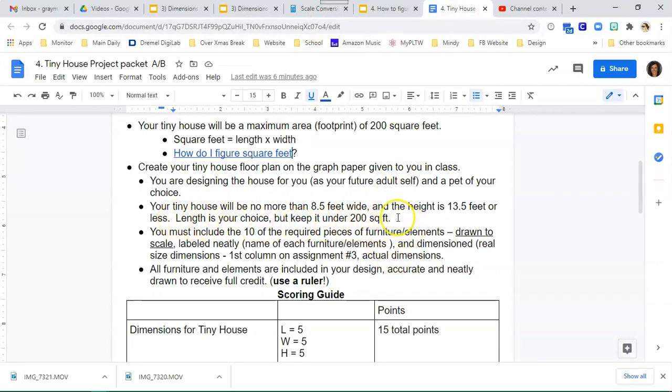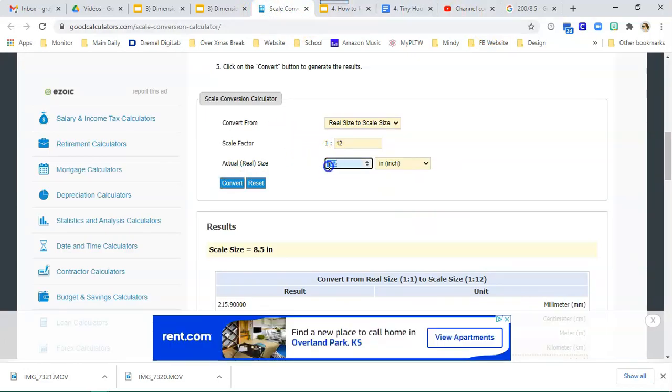I'm going to use my math problem that I did in the earlier video. I'm going to say that my length was 23.5. So I would come back to my calculator. I would have to figure out 23.5.